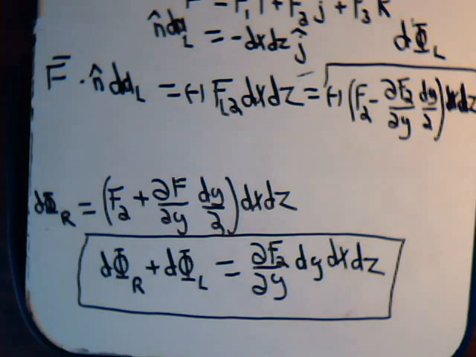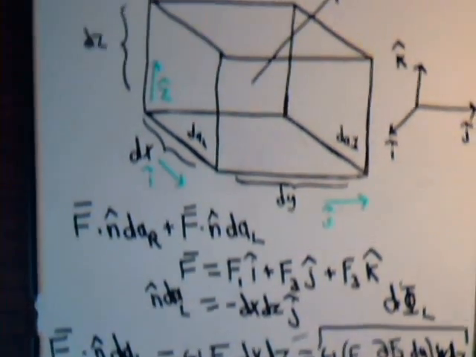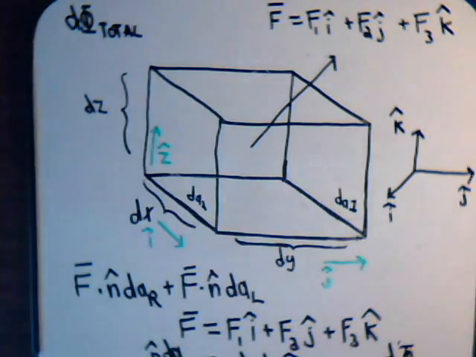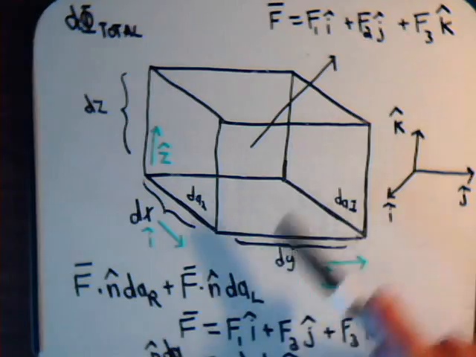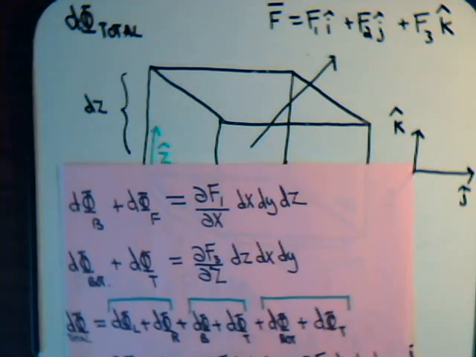And if we go through this same process, not just for the left and the right-hand faces, but for the front face and the back face and the top face and the bottom face, nothing different, it's just doing the same thing only in different directions, then we get very similar expressions.